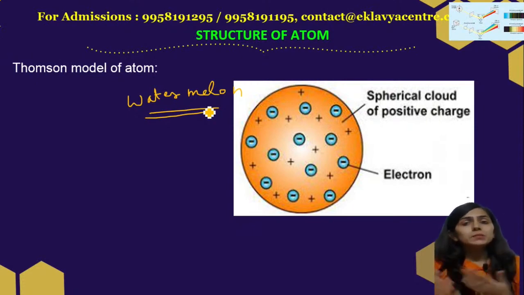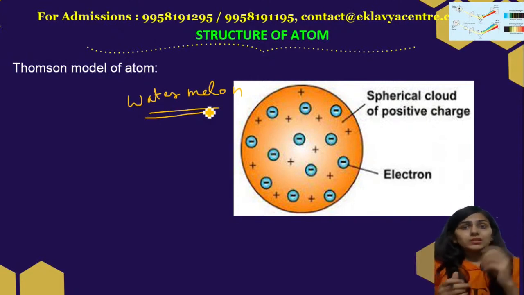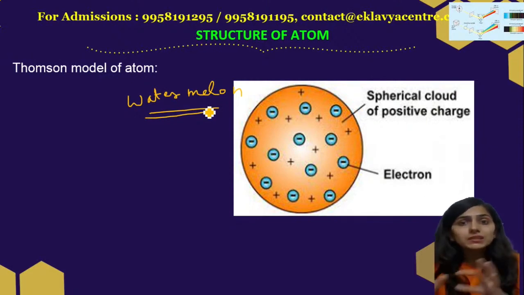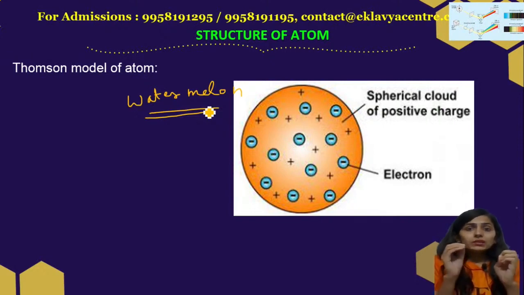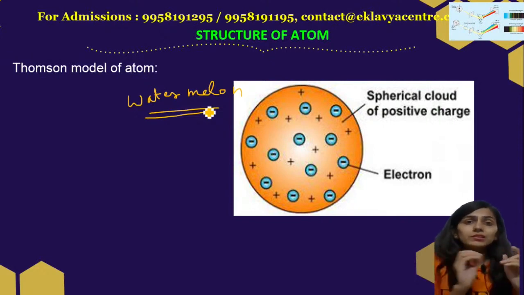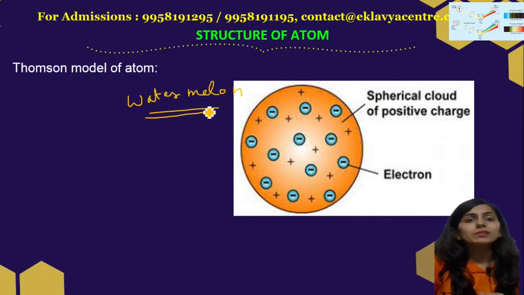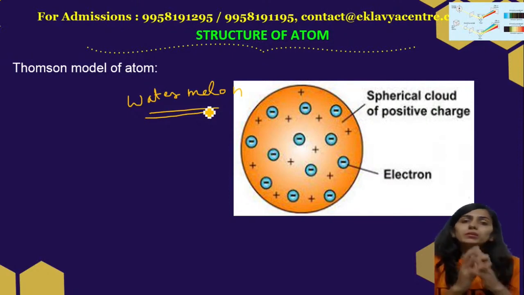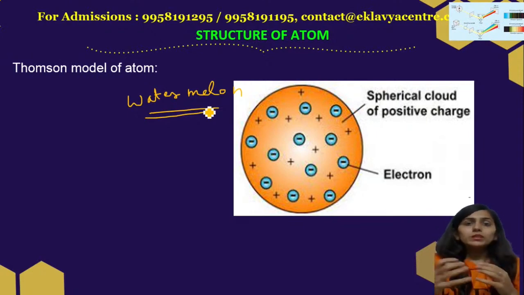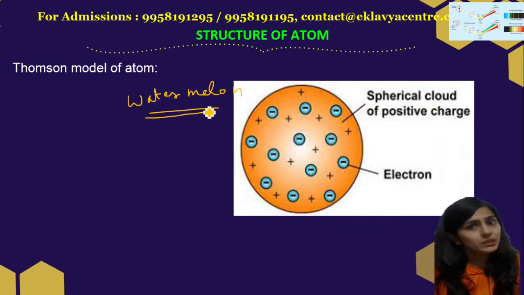Similarly, in kheer or plum pudding, the milk is the positively charged sphere, and the rice, raisins, cashews or almonds are the negatively charged electrons embedded into the kheer. So this is how Thomson gave his model, and by assuming such a model, he said that yes, the atom is electrically neutral.